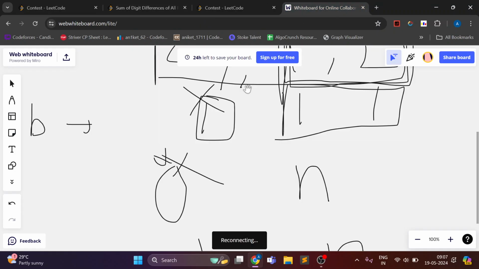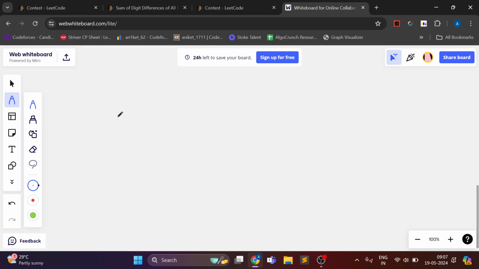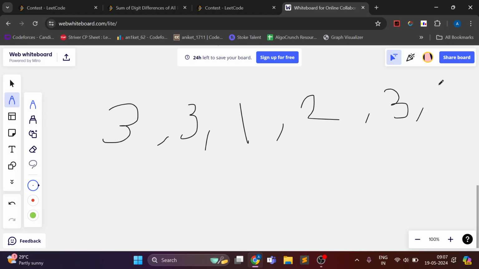Now in this question, the key idea is to represent all the numbers digit-wise to understand the solution. Let's consider that all the elements in the array have the number of digits as 1 itself.